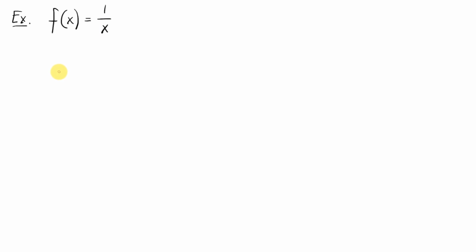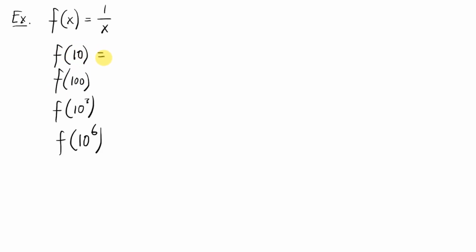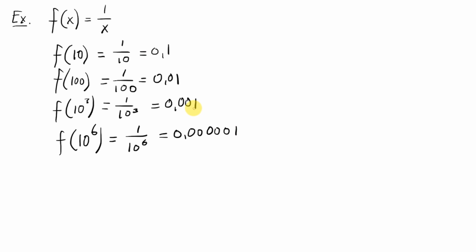Let us consider this function instead. Here we want to find out what happens to the function when x becomes indefinitely large. We see that if we put in larger and larger numbers, for example like this, we see that the function gets closer and closer to 0.